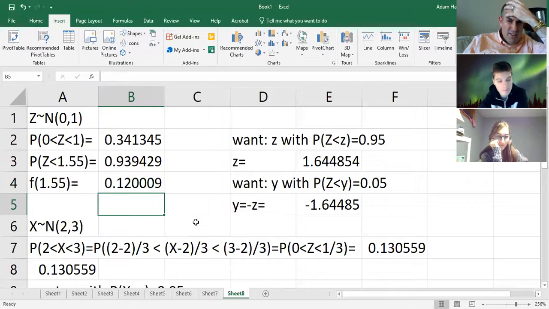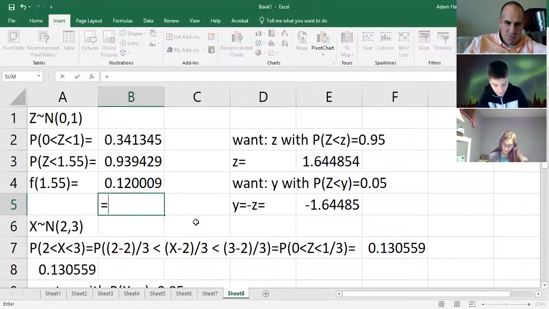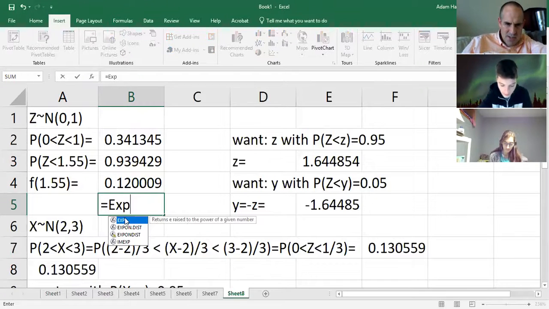Do you remember what the density was? I wrote it down during the lecture for the standard normal. It simplifies quite a bit for the standard normal.